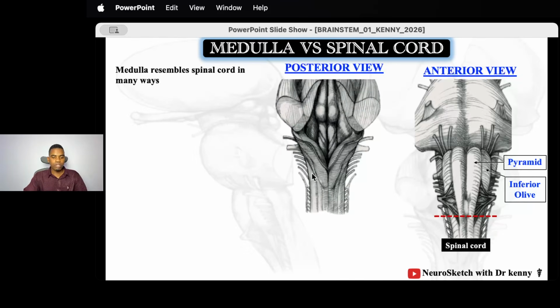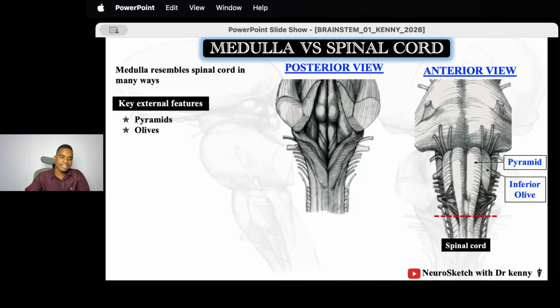We have said that the medulla is in continuity with the spinal cord. That means they have a lot of things in common, but also a lot of differences, and you should be able to tell these differences because they might ask you in the exam the difference between spinal cord and medulla. Key external features: the presence of olive and pyramids.